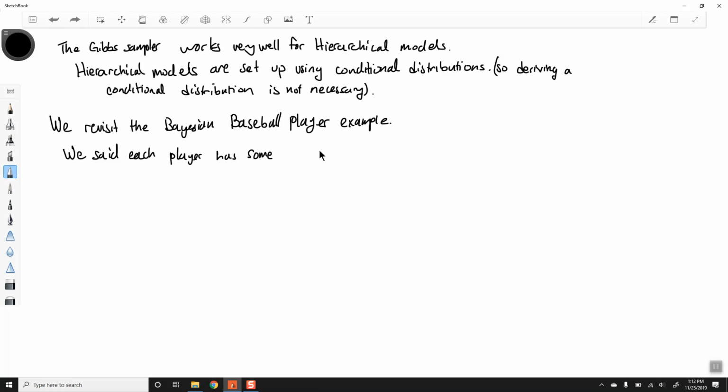Each player has an inherent batting average that we treat as a random variable. Here I'm going to call this theta. I know earlier we called it P, but we're going to say theta is their batting average.